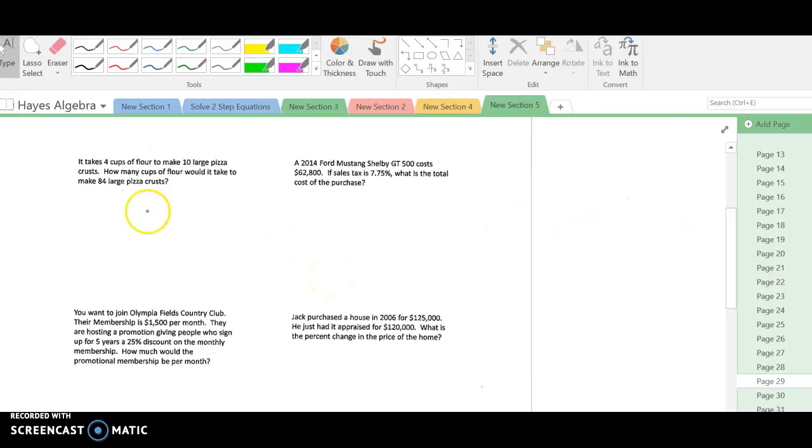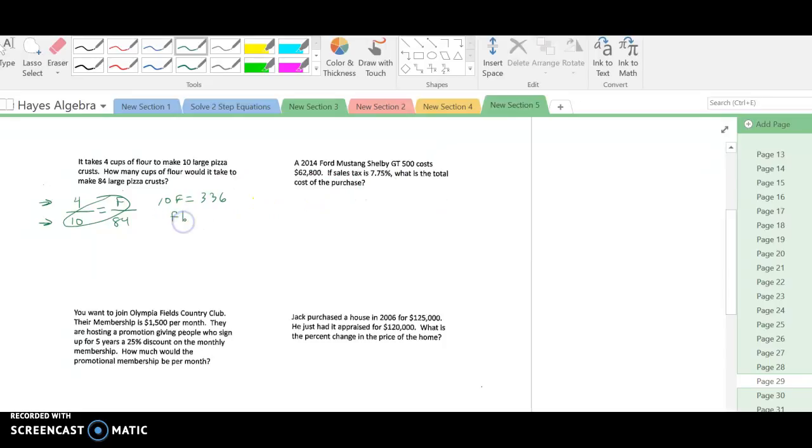Next, it takes 4 cups of flour to make 10 large pizzas. So 4 cups of flour to 10 pizzas. How many cups of flour equals how many cups of flour? I don't know. To make 84 pizzas. Notice cups of flour is in the numerator, pizzas in the denominator. Cross multiply. 10F equals 84 times 4. 84 times 4 gives you 336.